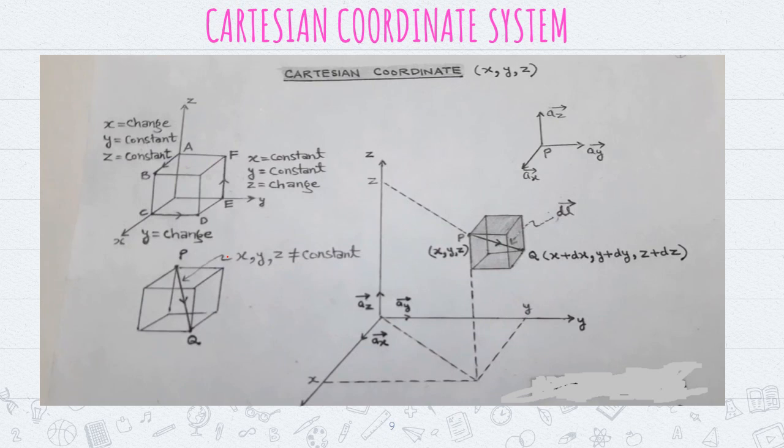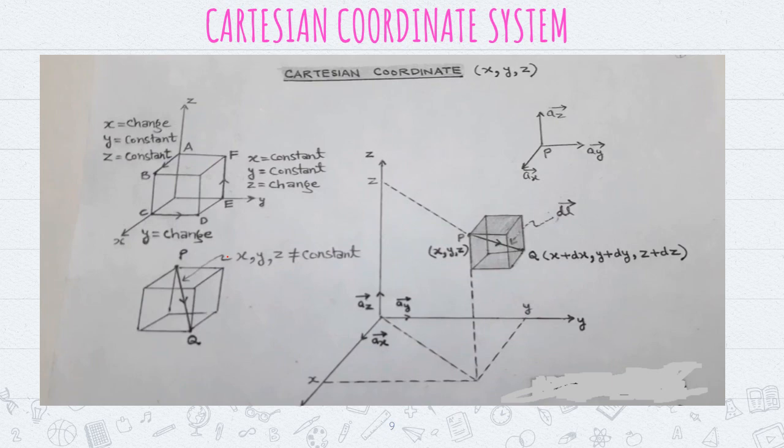In the x direction, the unit vector is ax. In the y direction, the unit vector is ay. And in the z direction, the unit vector is az.